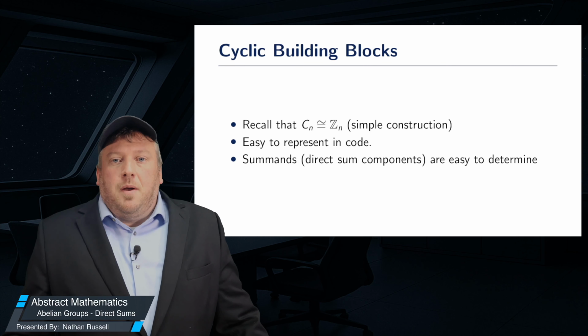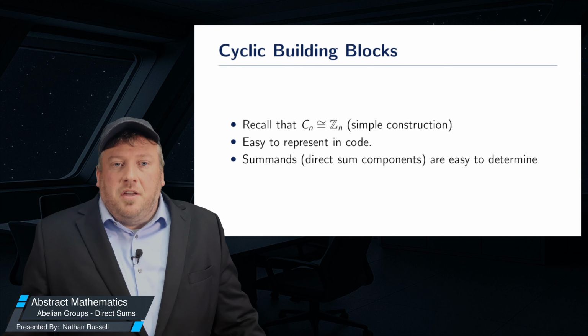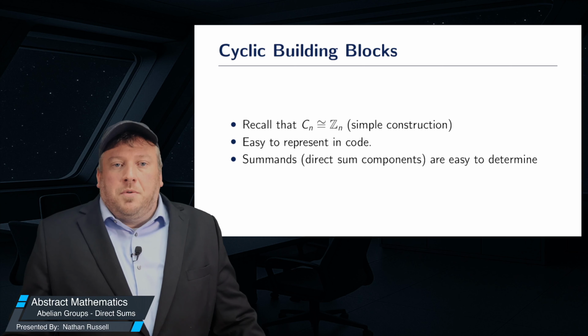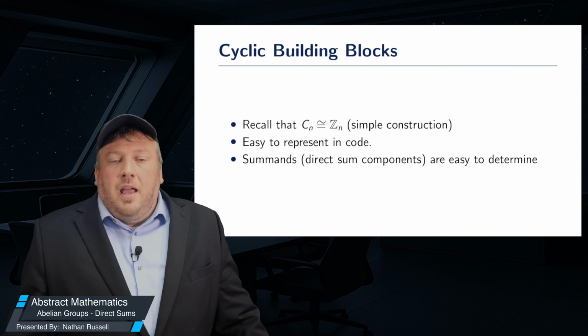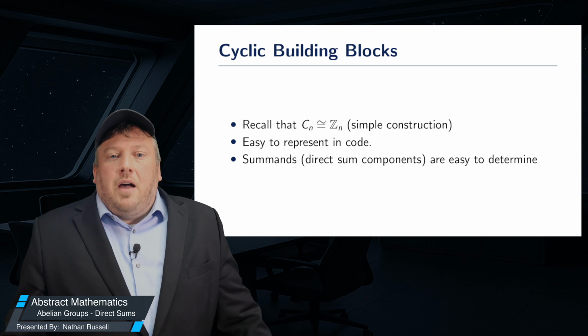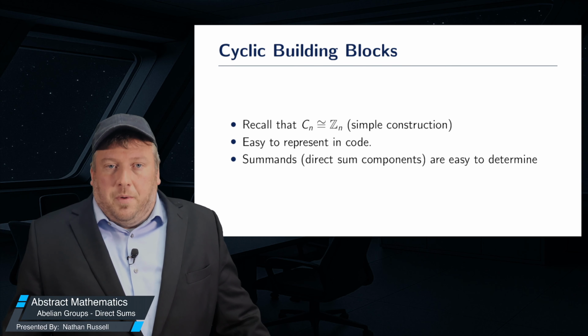Cyclic groups are easy to represent in mathematics, and they're also easy to encode in computer code. So that means the direct sum components, called summands, are always going to be cyclic groups, which means that we could appeal to their isomorphic nature to the integers modulo n to allow us to create very simple implementations of representing abelian groups as cyclic groups using direct sums.